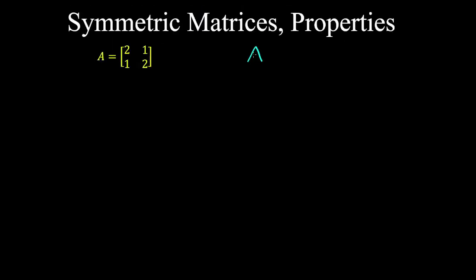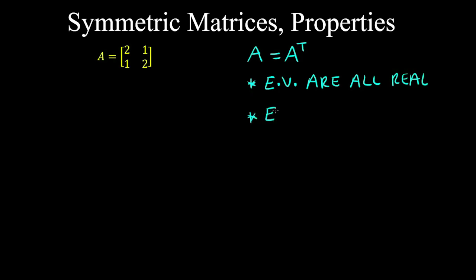For a symmetric matrix A, so basically A is equal to its transpose, the eigenvalues are all real numbers and the eigenvectors from different eigenspaces are orthogonal.